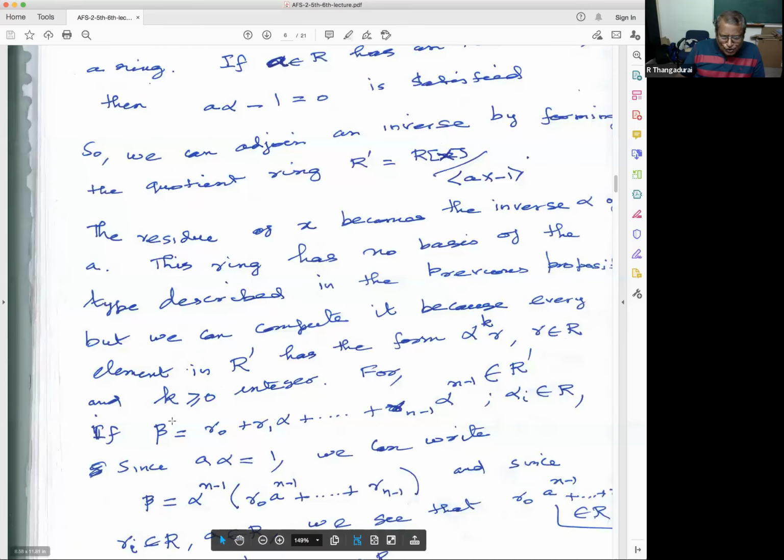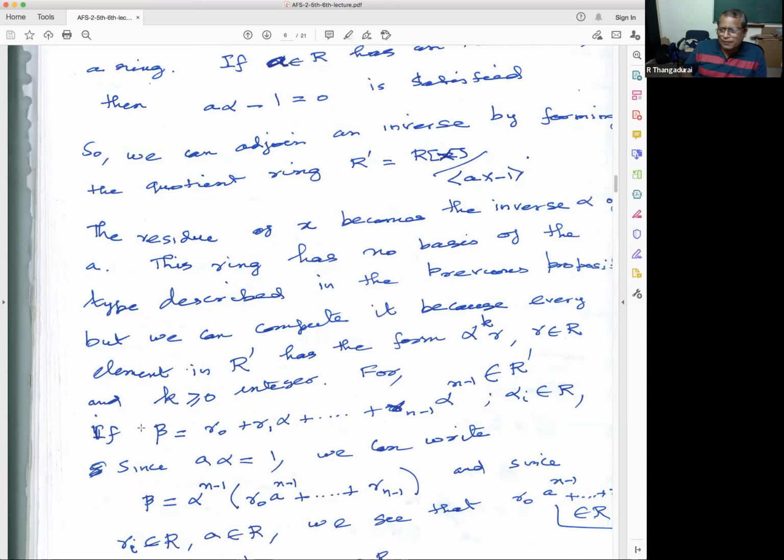So any element beta inside R prime will look like a polynomial in alpha with coefficients in R, of some degree, say n minus 1. In this polynomial we put the relation a alpha equals 1. So I am multiplying and dividing beta by a to the power n minus 1.